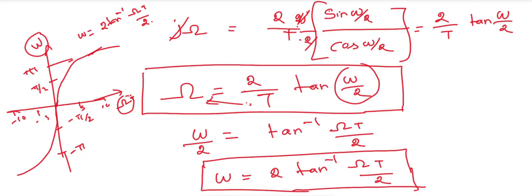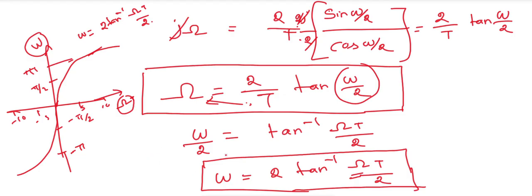Okay, so remember how S is mapped into the Z domain, and what the relationship between analog frequency and digital frequency is, how the analog frequency range is compressed into the digital frequency. Due to the arc tangent function, the relationship between this omega and this omega is non-linear.